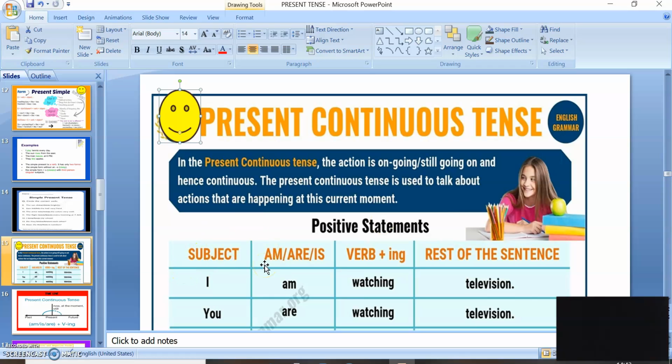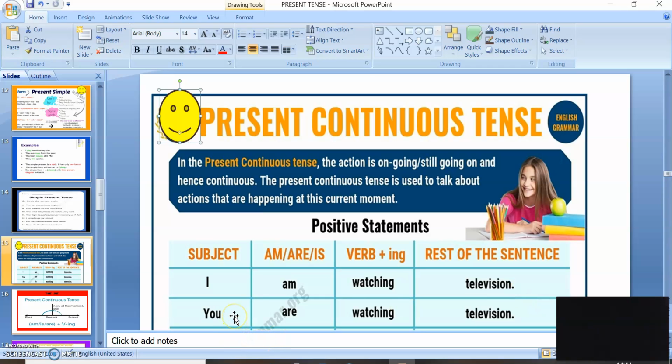It's very simple: subject followed by helping verb, then ing form of verb followed by the rest of the sentence or object. So I is the subject here, followed by am, that is the helping verb, then the ing form of verb. If the verb is watch, it will become watching, and the object is television.